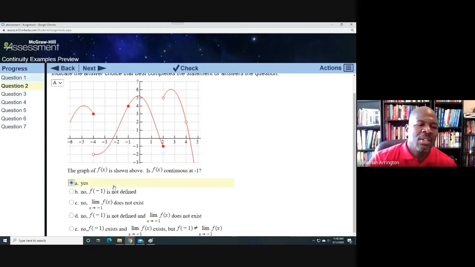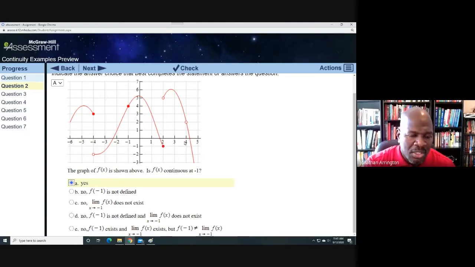And that's kind of how it looks to be continuous at a point. You're not going to see an open circle or a jump or shooting to infinity or negative infinity. So you see all these points that my arrow is on, the function is continuous at all of those points. The function is not continuous at -4 because you have a jump. The function is not continuous at 2 because you have a jump.